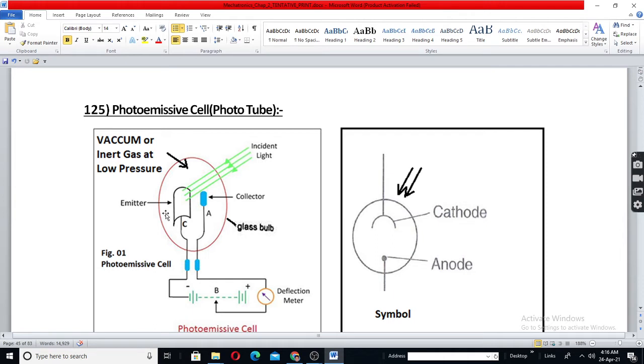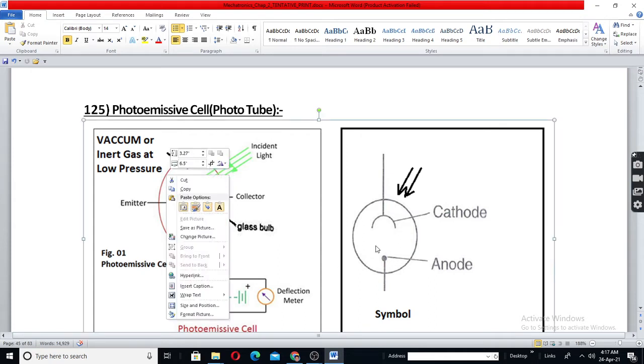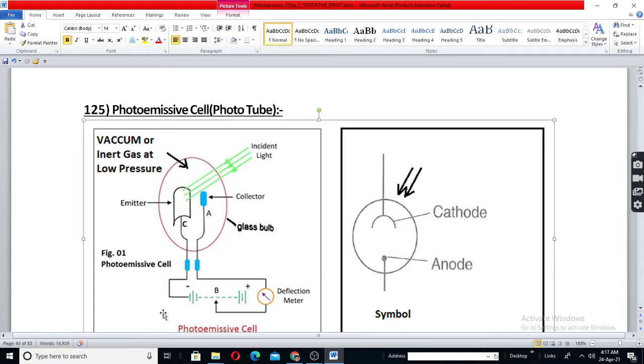Else, if just light falls on it, no electron can be emitted. It is ready to emit, but for continuous emission, you need excitation. That is, power supply should be given appropriately. So this is the symbol here. Cathode means emitter, anode means collector.